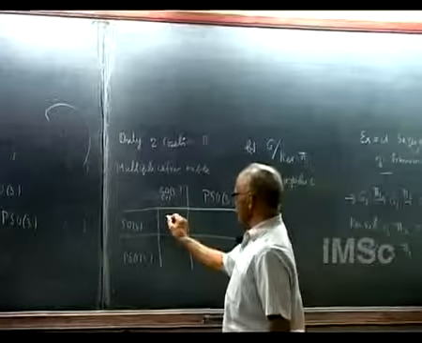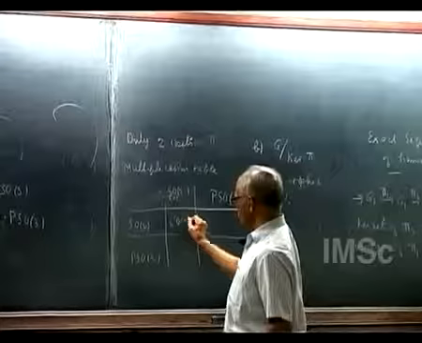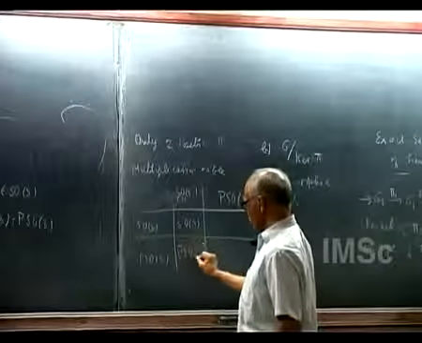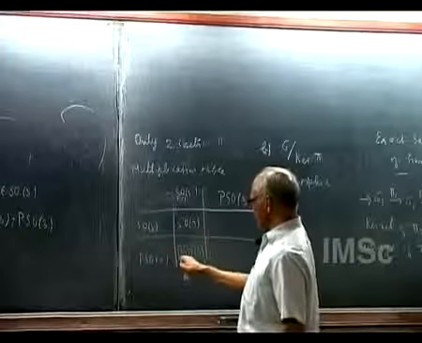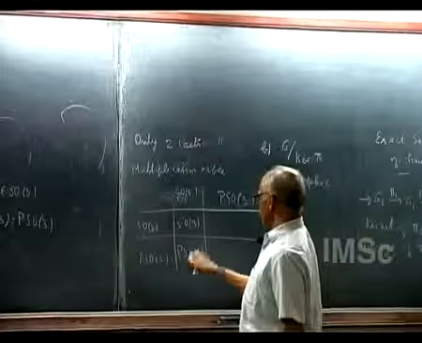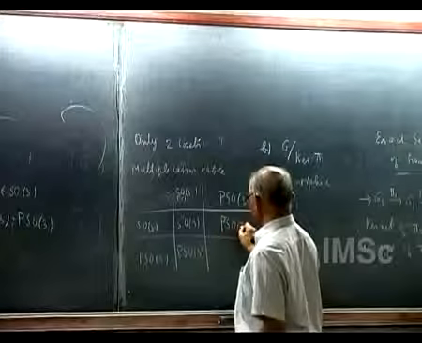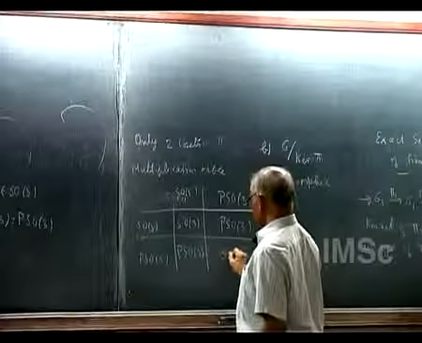Here it is simply SO3 again. Here it is P SO3. Multiplying this, this is again P SO3, and this is SO3.